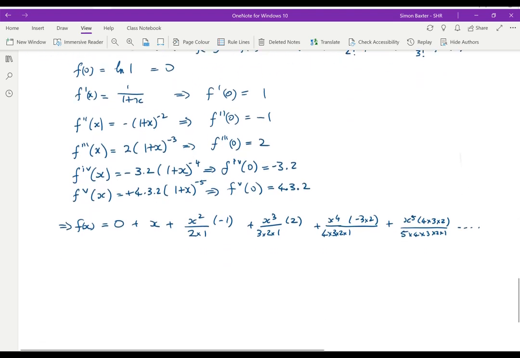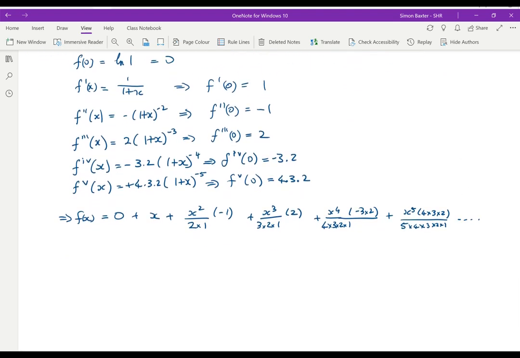Give myself a little bit more space. 0 we can forget about. x. I've now got minus x squared over 2. I've now got plus x cubed. 2 cancels, leaving just 3 on the bottom.